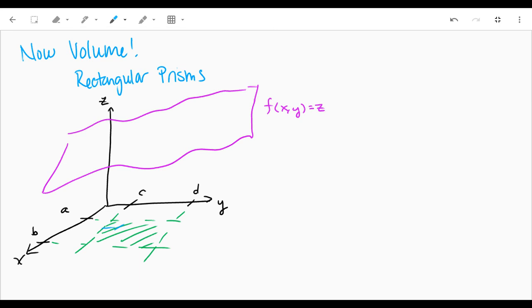And we could think about some rectangles down here. Maybe there's a little rectangular prism here, where the height of it is on the surface. And then maybe we've got another one over here.